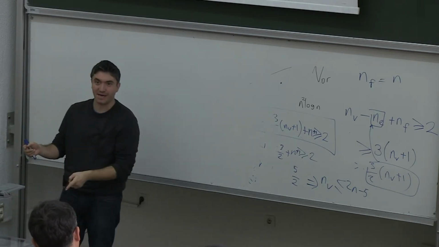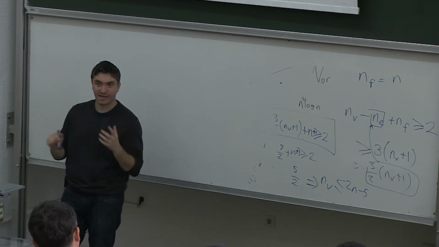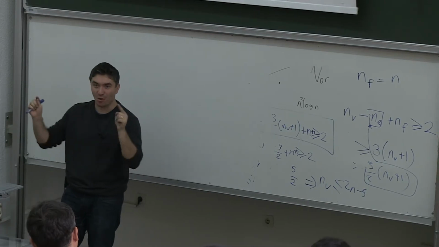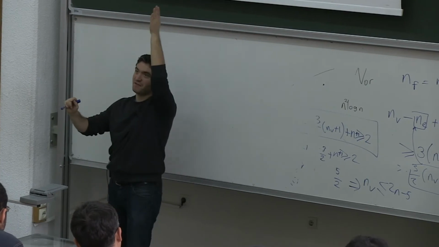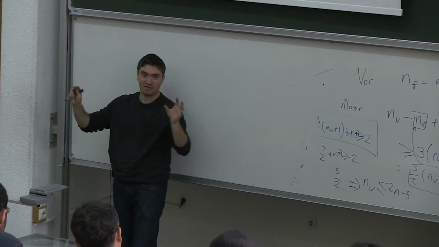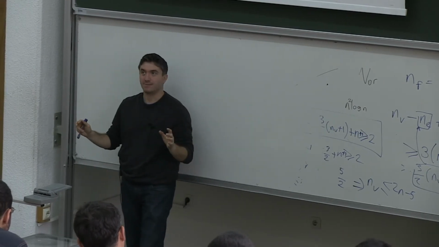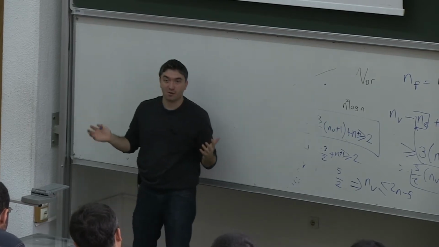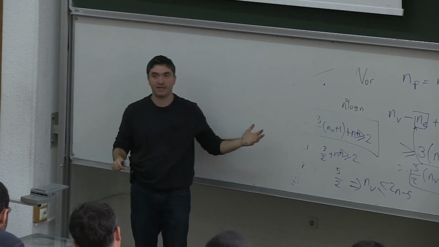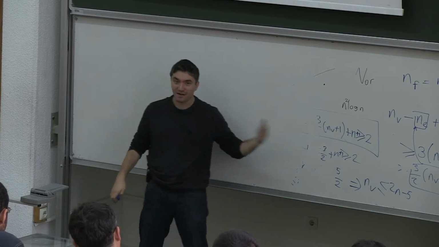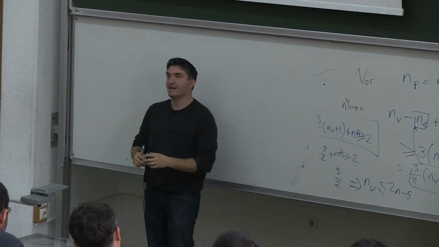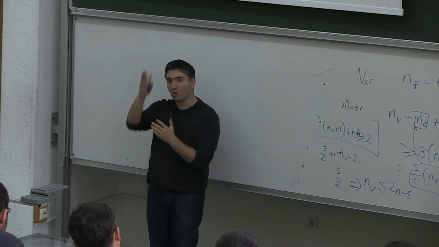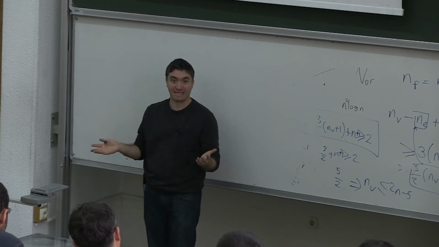If you consider the bisectors, okay, there are n square bisectors between all pairs of sides. There are n square infinite lines that you can draw between all pairs. And since the number of edges is bounded by a linear number, 3n minus 6, it means that not all these bisectors appear as edges, right?